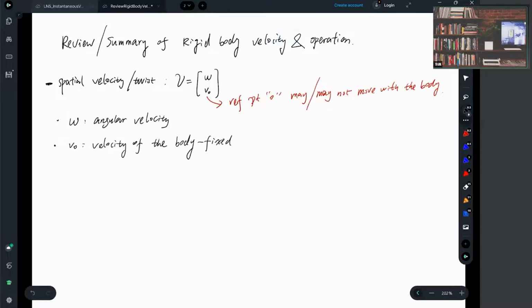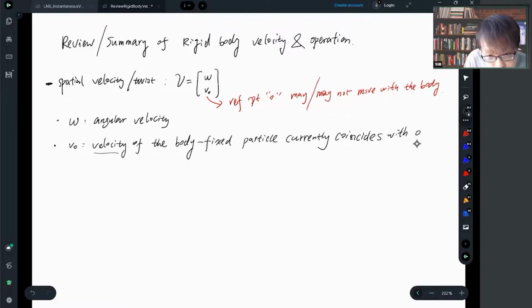Let's not use point, let's use particle. It's the velocity of not the reference point O, but an assumed body-fixed particle that moves with the body and currently coincides with the reference point O. It's that velocity.